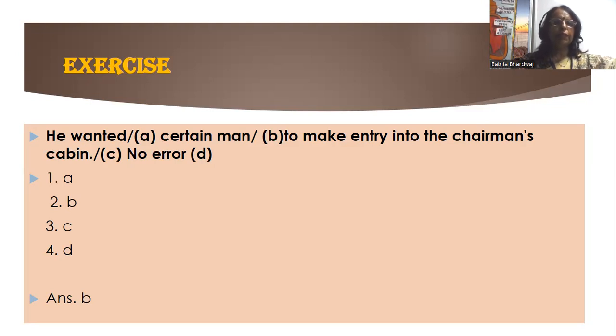But if certain man is mentioned, then man should be written in plural. So it should be certain men. And if certain man has to be used, in that case, a should be added before certain. That's why here the error lies in the second part.